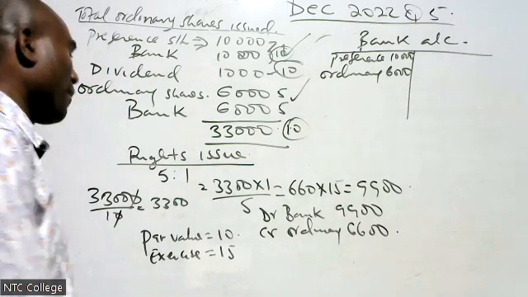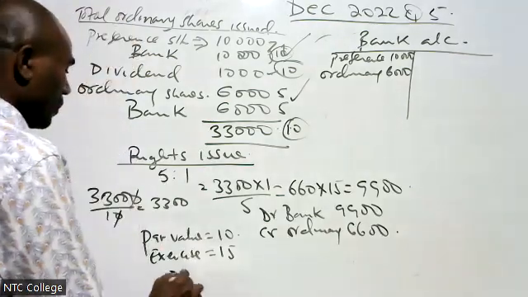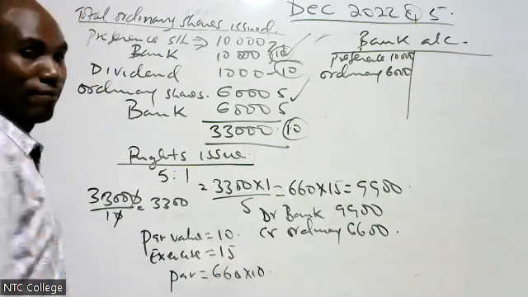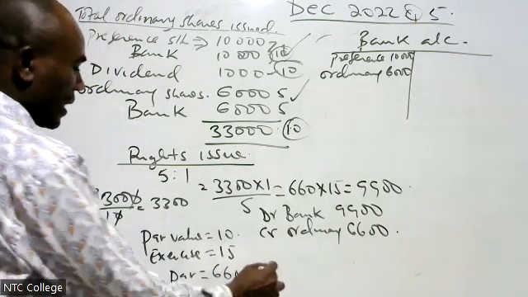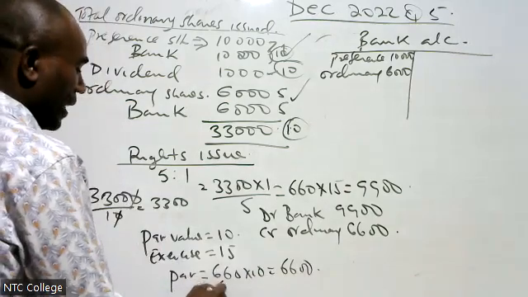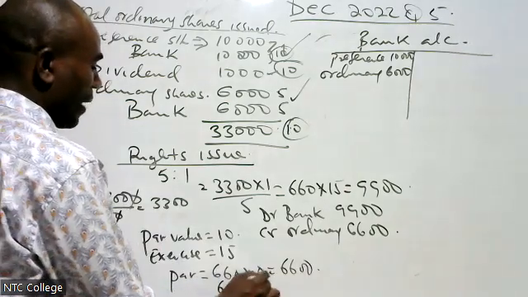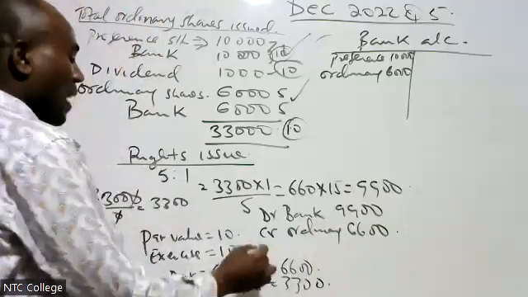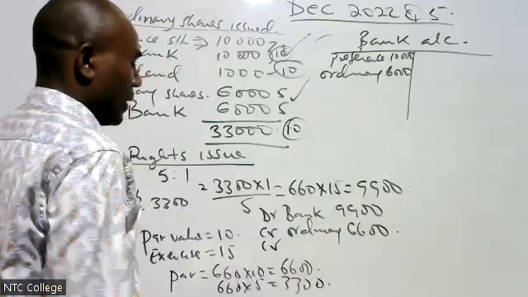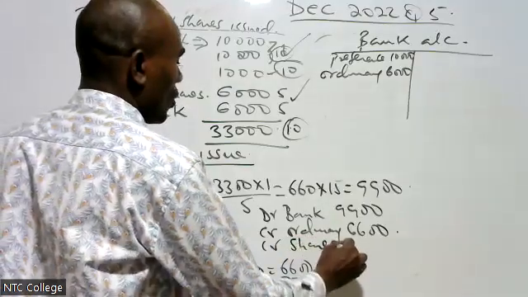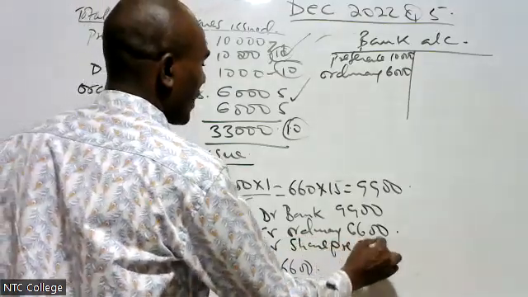How much is the par value? Par value equals 660 times 10, which is 600. Premium will be 660 times 5, which is 3,300. Thereby I credit share premium with that 300.